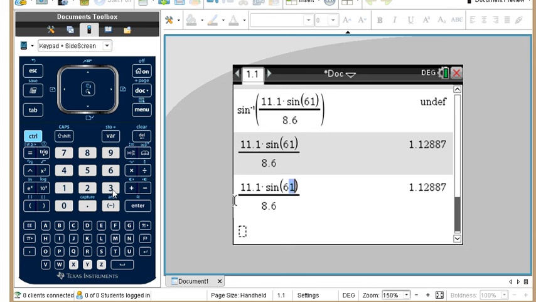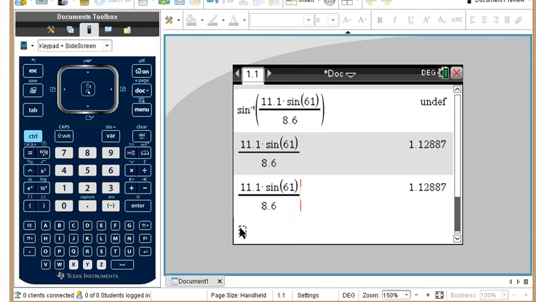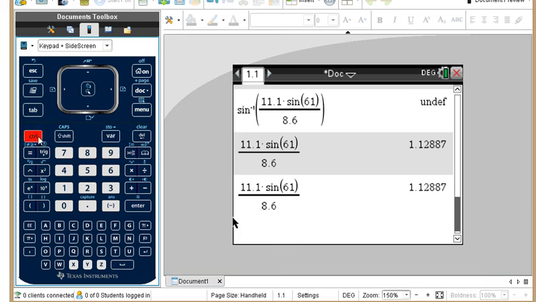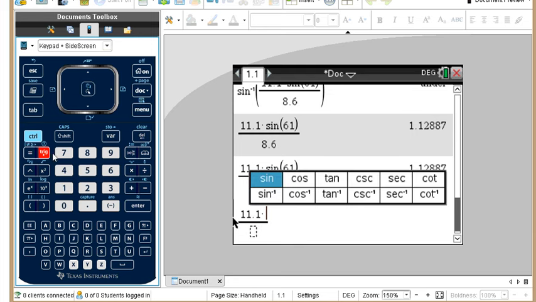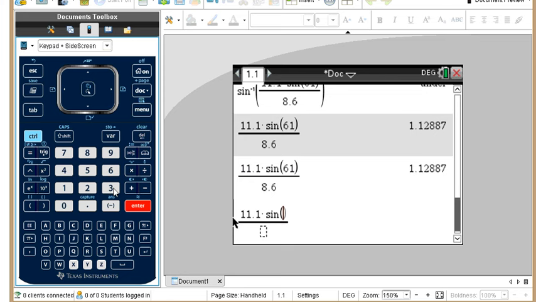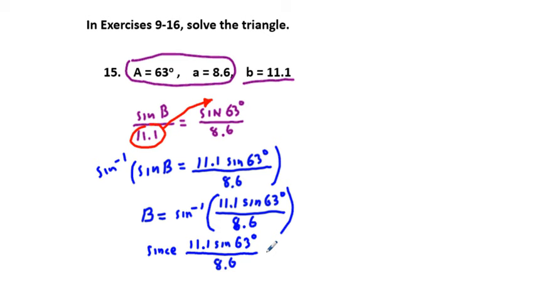I wonder if I can just change it like this. No, it won't let me do it. 11.1 times sine 63 degrees over 8.6. Okay, 1.15. Okay, same thing.